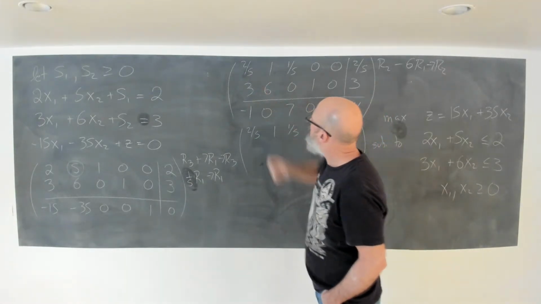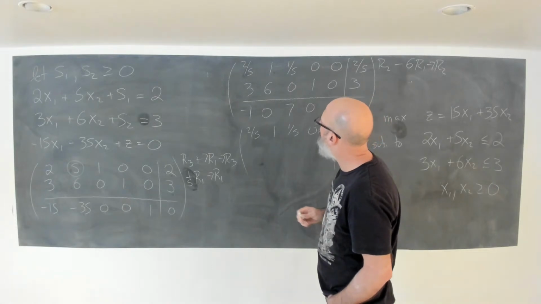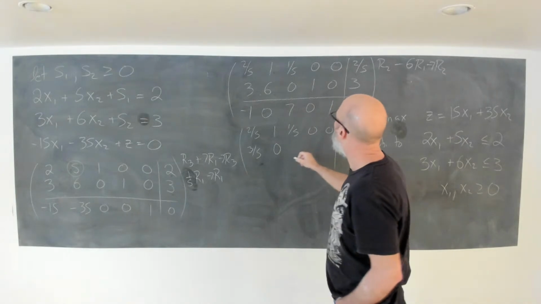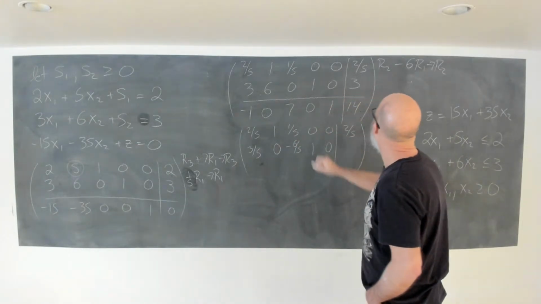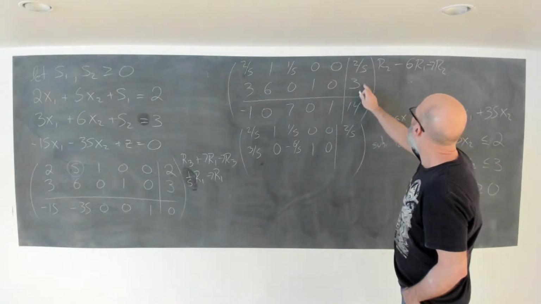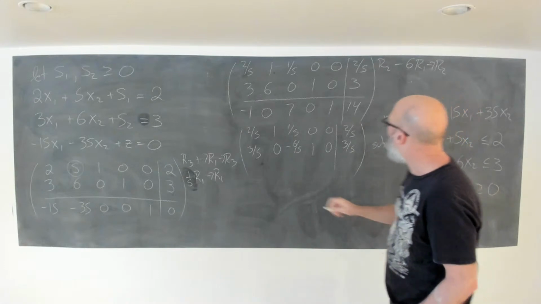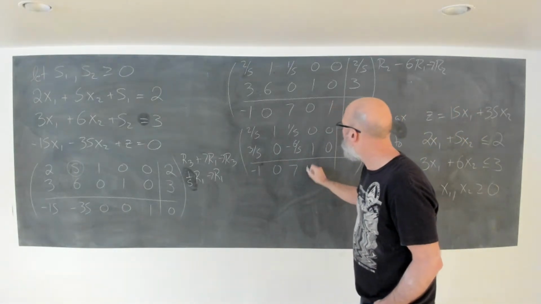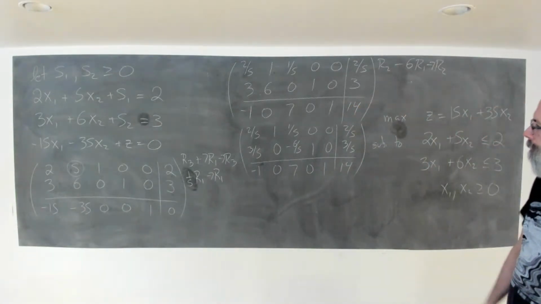So this minus 6, 15 minus 12 is 3 over 5. Excellent.